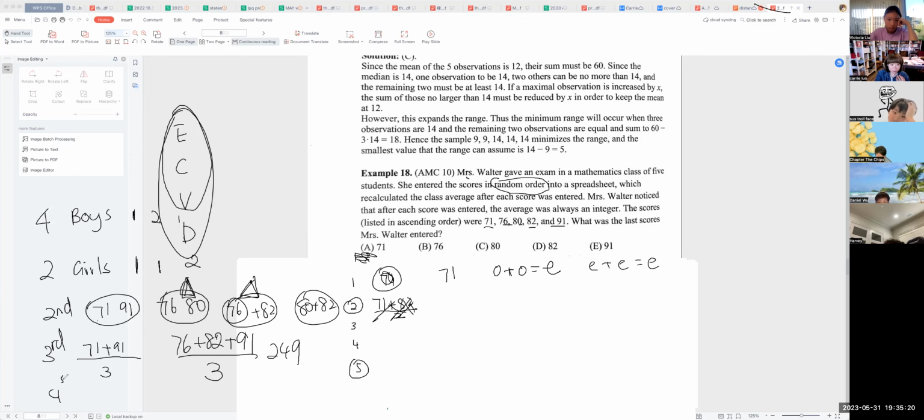And the fourth one must be an odd number again, because we need to make the sum divisible by 4. So 249 can only plus the last odd number, which is 71, which makes the whole number divisible by 4. So very obviously, the only number which is not being used is C, sorry.